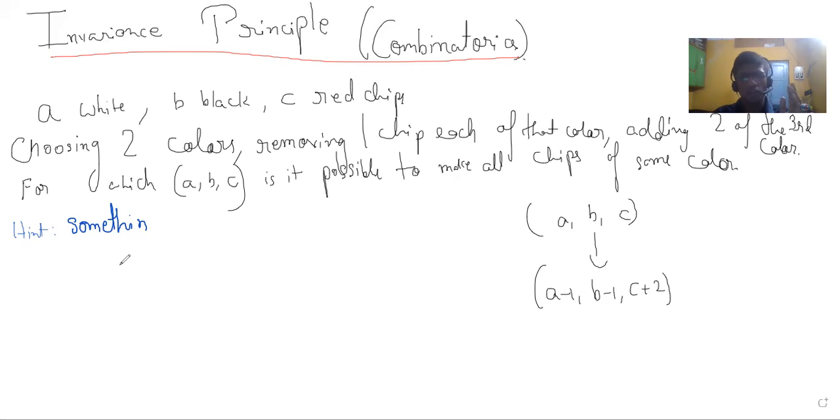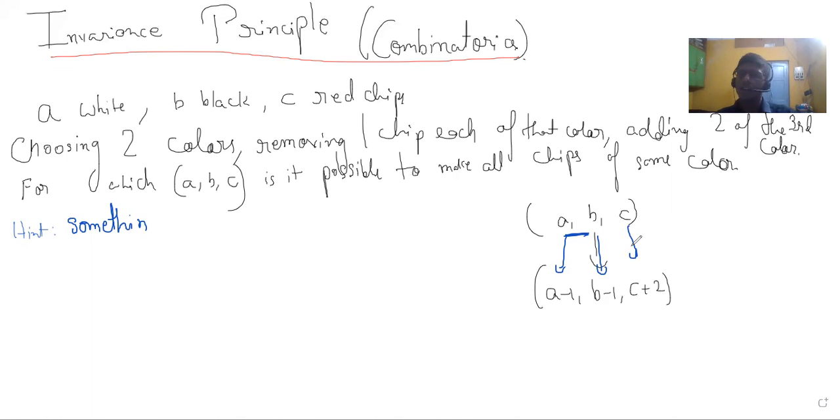Anyways, we have A white chips, B black chips, and C red chips. And you want to choose two colors, okay? You're going to just remove one chip each of the chosen colors, like I've done here. And then for the third color, you're going to add two chips. It is just like that, simple.